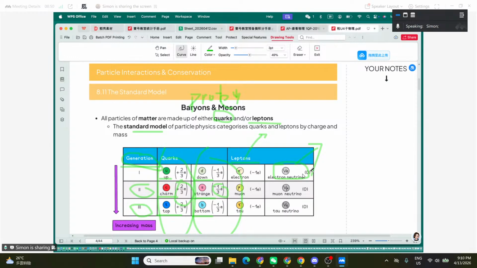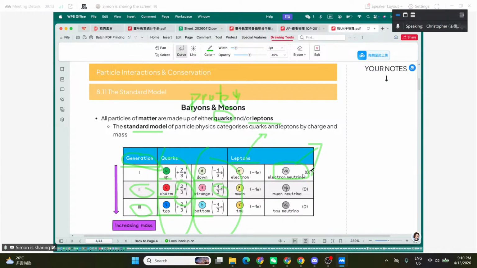What is the definition of a neutrino? A neutrino is somewhat like a neutron, because the neutrino has no electric charge and its mass is negligible.